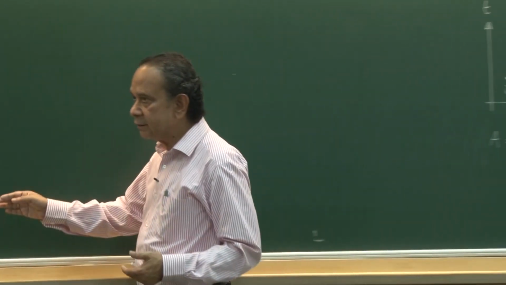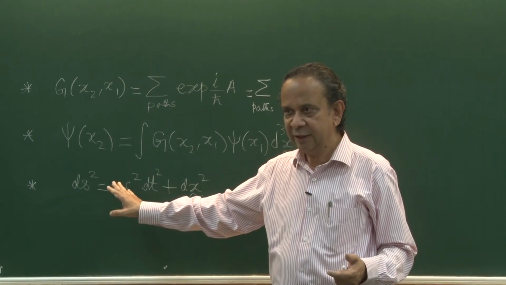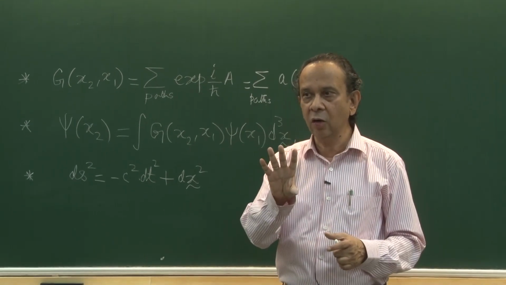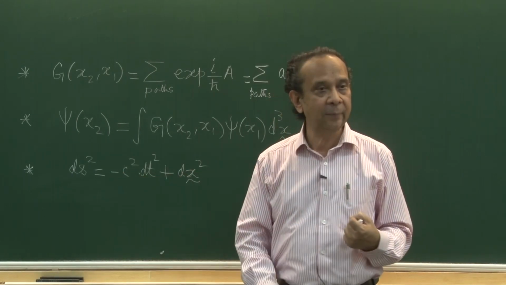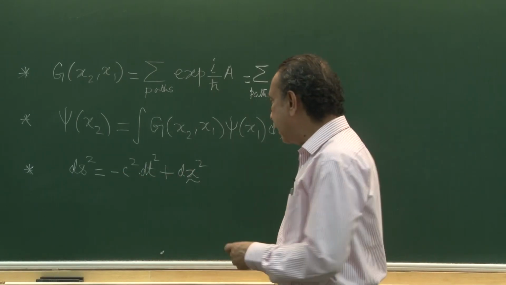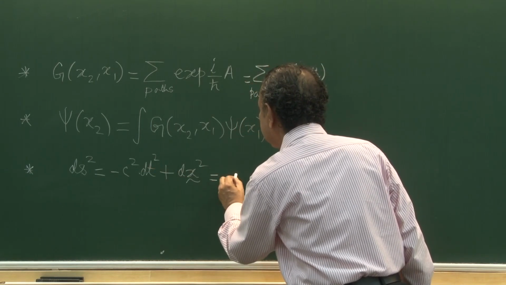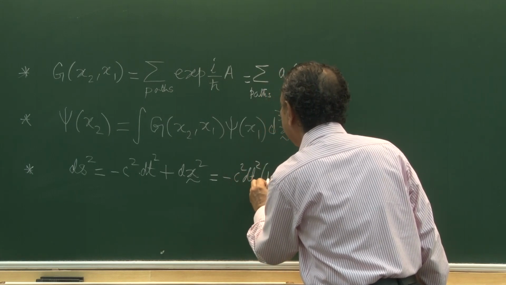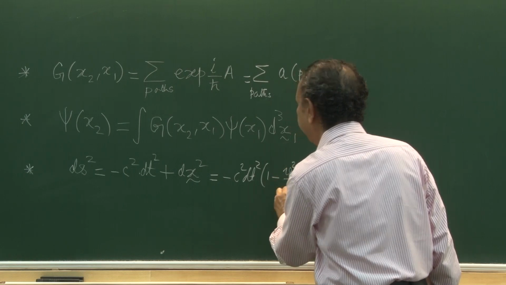So, if I put dx is equal to 0, then minus ds square, except for c factors etc., tells you the time shown by that clock. If I have a clock which is sitting quietly at some place, then this is the time shown by that path. And if it is moving, what happens is the following: you can take minus c square dt square outside and you will get 1 minus v square by c square.